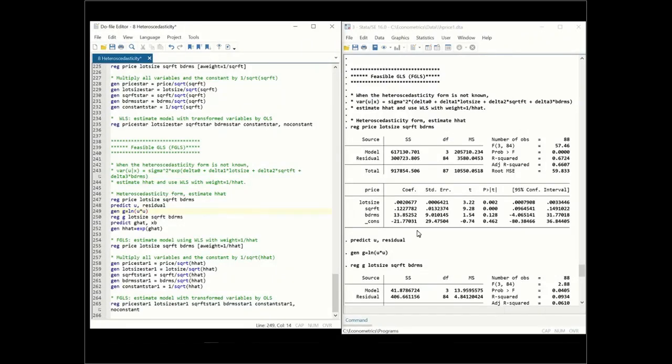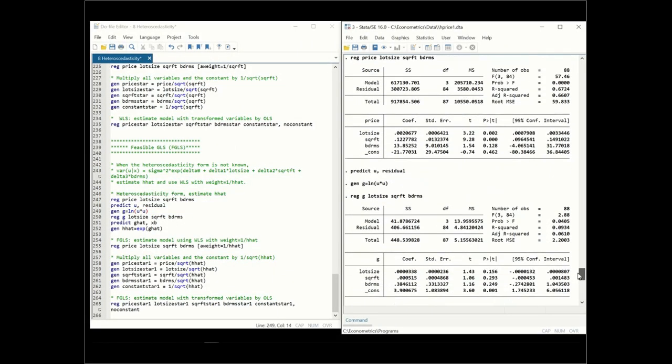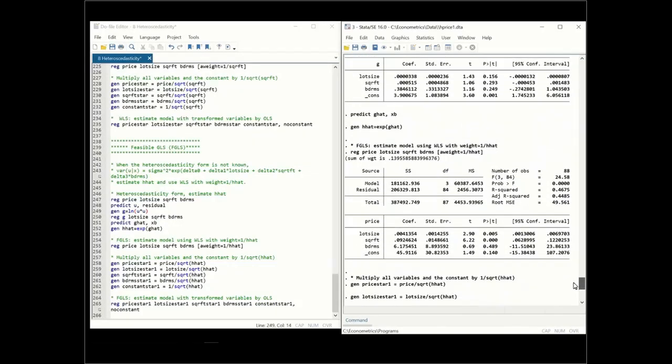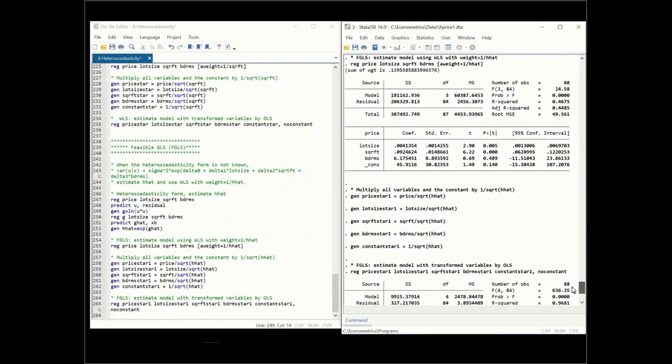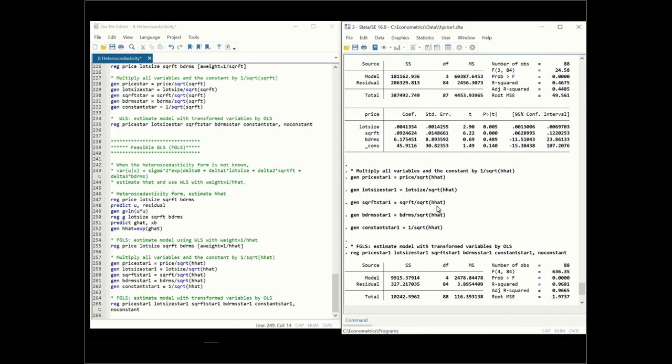When we estimate this, we get these results here for the coefficients and the standard errors. Here we have slightly different coefficients and slightly different standard errors from the model before, and these are the p-values, but overall similar results to the OLS, though these are corrected for heteroscedasticity.